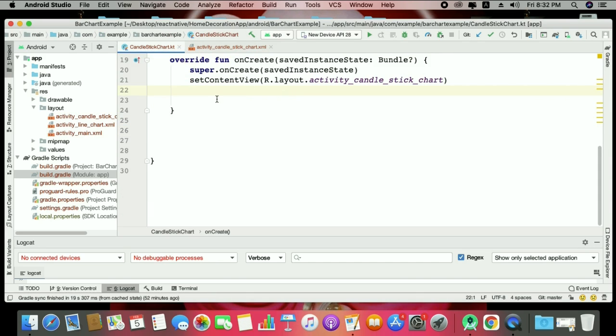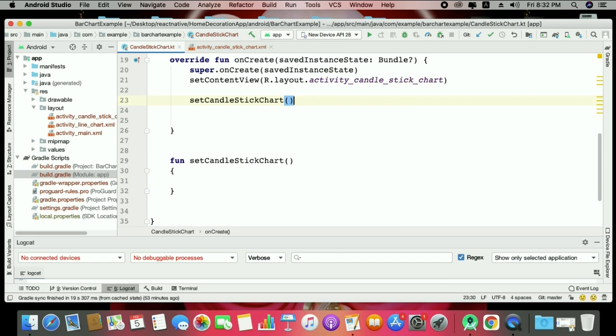So first we have to create a function, that is, we call fun setCandlestickChart. The same as before, we work with the X values first. The X series can be your timing series or date series, whatever you want to put.